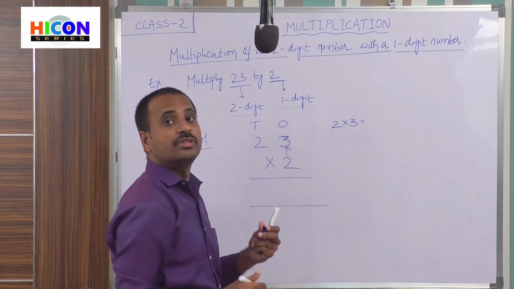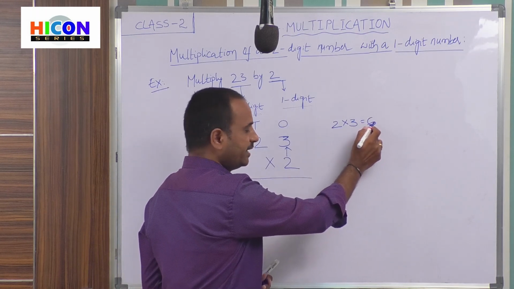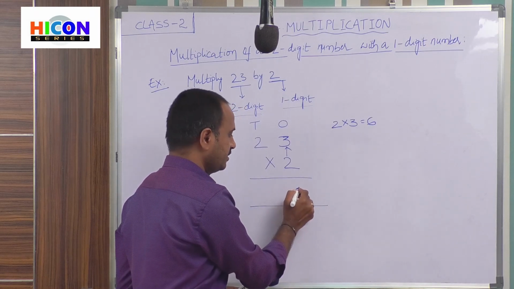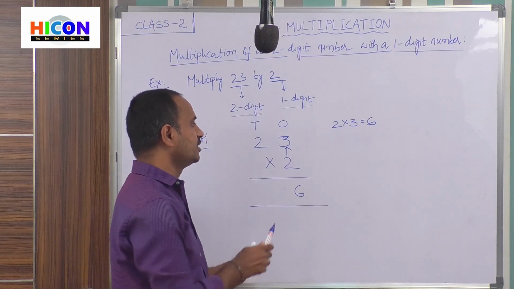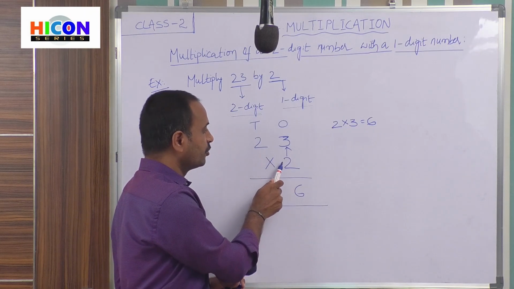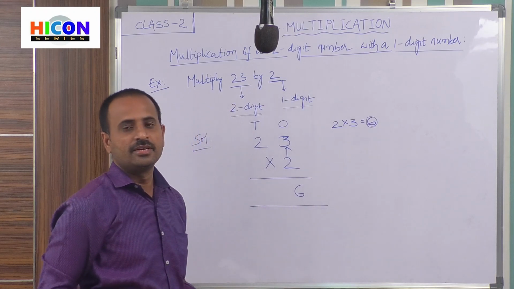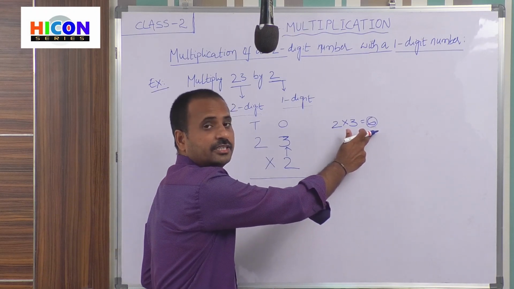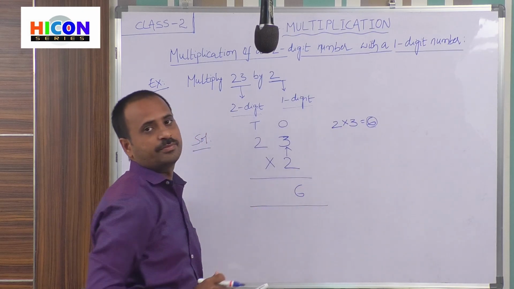Children, how much is 2 threes? 2 threes are 6. So write 6 under the ones place. First multiply the digit in the ones place with 2 and write the product under the ones place. Here the product is a single-digit number, that's why we write it under the ones place.